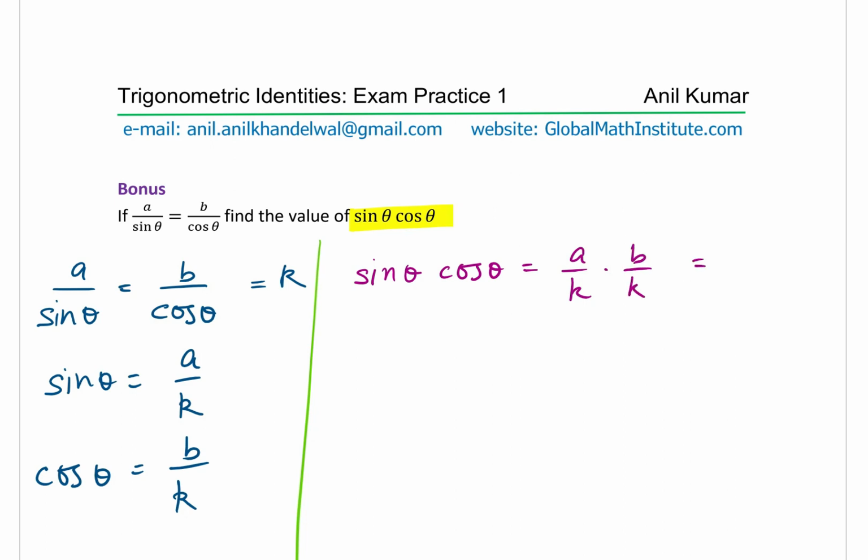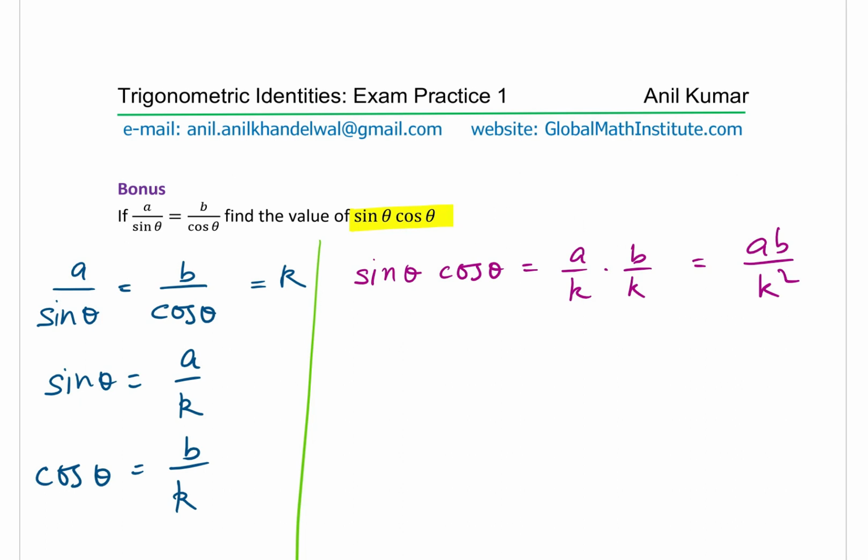So it is basically ab over k squared. So that is what it is. How do we find the value of k now? That becomes a big problem. We understand that it is a times b divided by k squared, which we get.